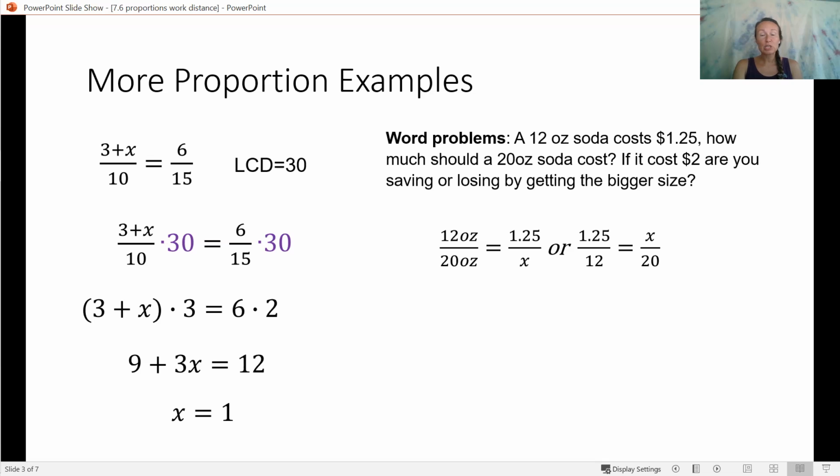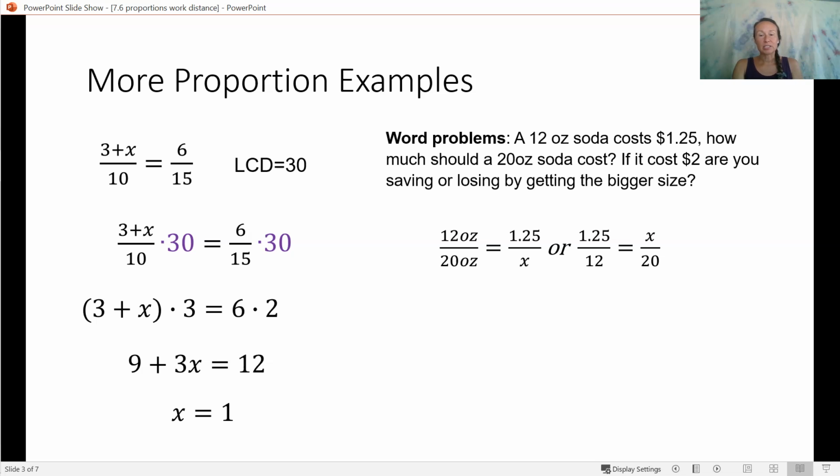So in our first example here, we have the ounces in the small soda over the ounces in the big soda is equal to the price in the small soda over the price in the big soda. So ounces are above ounces and the sodas are across from each other.